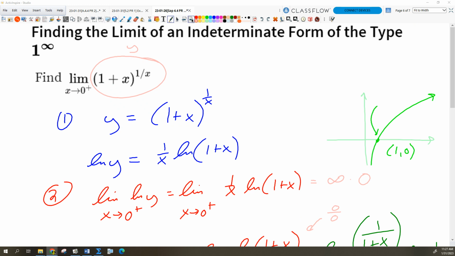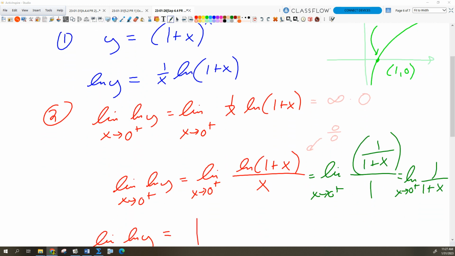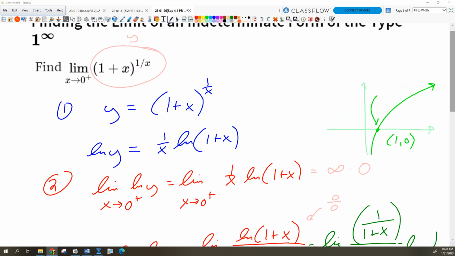Step 2 is where we unlocked this weird function by taking the log of both sides, right? Because we had this function that was 1 plus x to the power 1 over x. A function to a function is tough to deal with. It doesn't match anything remotely, it's indeterminate and it doesn't match L'Hopital's rule.